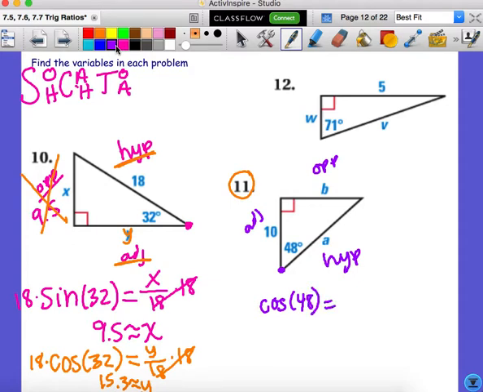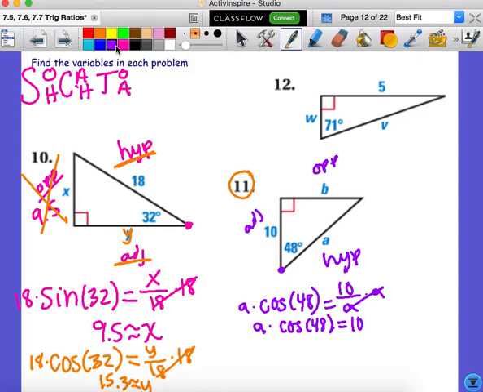So the cosine of 48 should be the adjacent over, oops, I wrote those backwards. My adjacent side is 10, so 10 over my hypotenuse. Since 10 is being divided by a, I'm going to multiply by a. I now have a times the cosine of 48 equals 10.